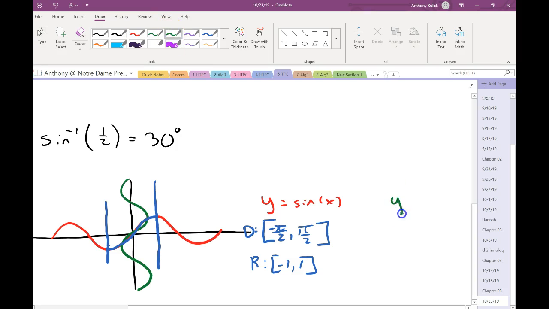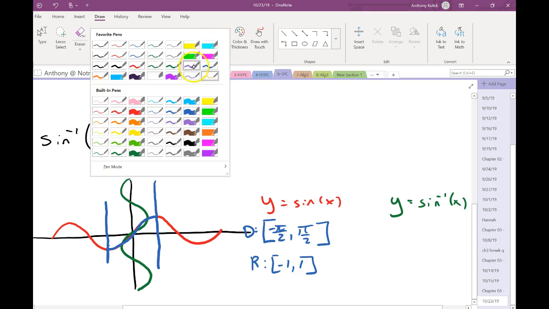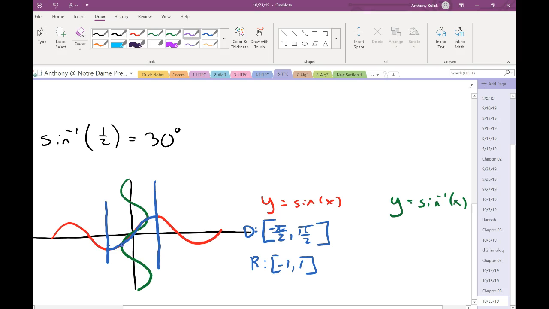So if I want to write sine inverse now, sine inverse is now going to be just this part. It's getting a little messy color-wise. But what's going to happen here? Well, the domain for sine inverse is the same as the range for sine.